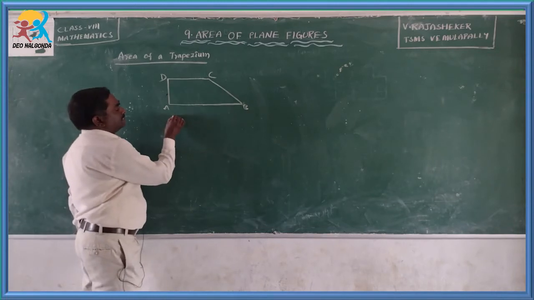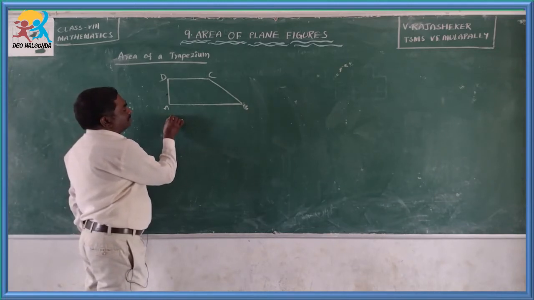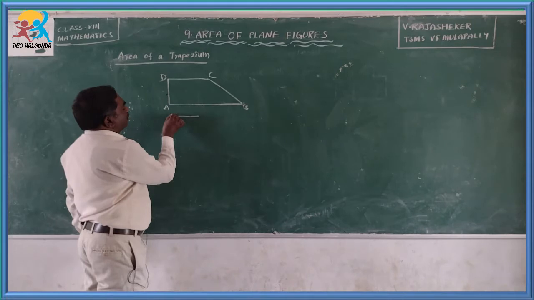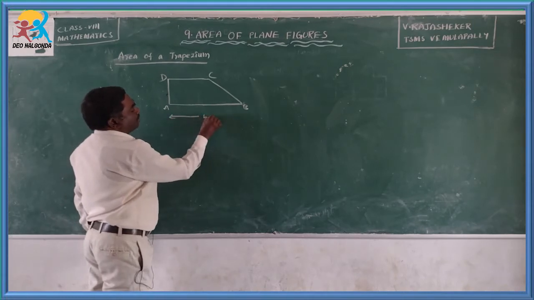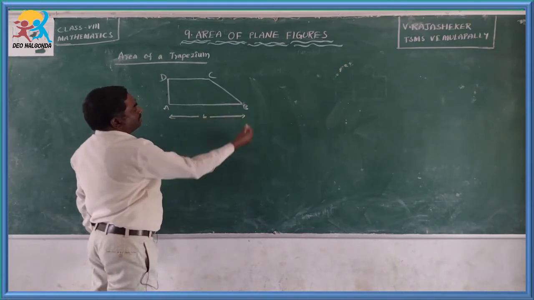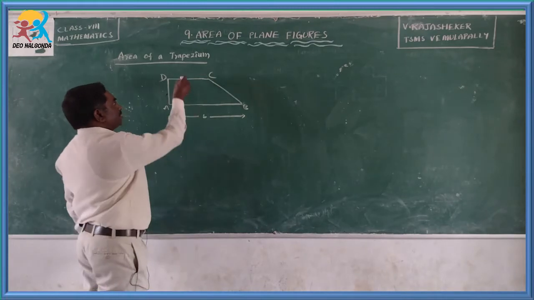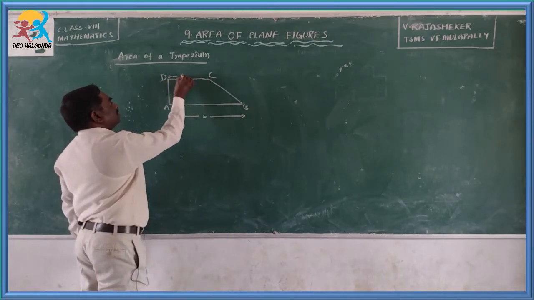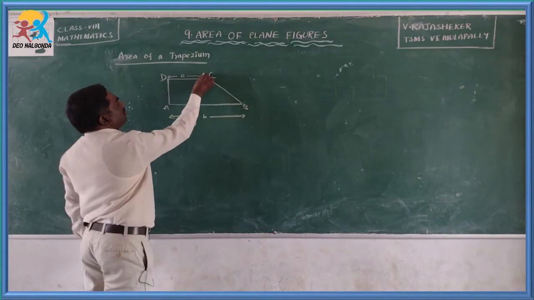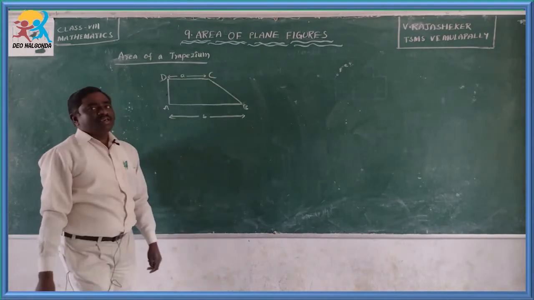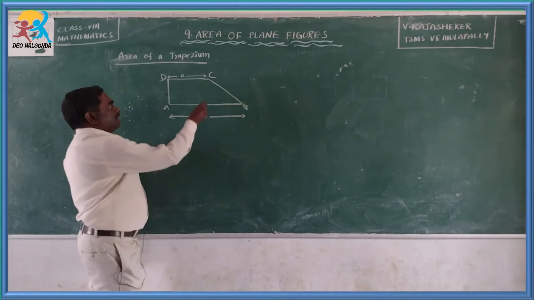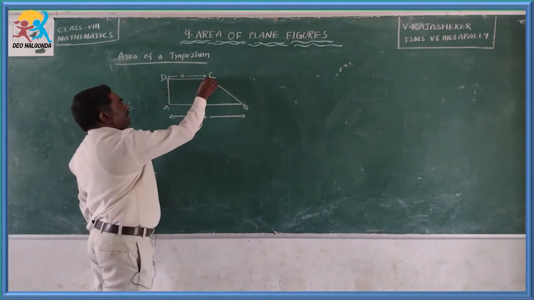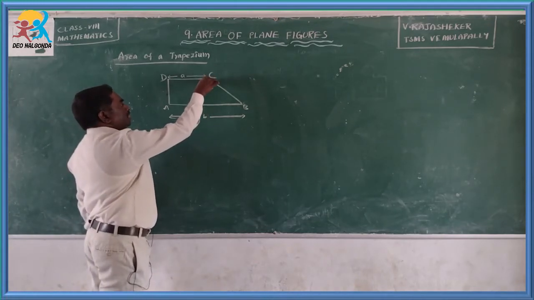Now let us consider the length of AB is b units. The length of DC is a units. A perpendicular line is drawn from C to AB.